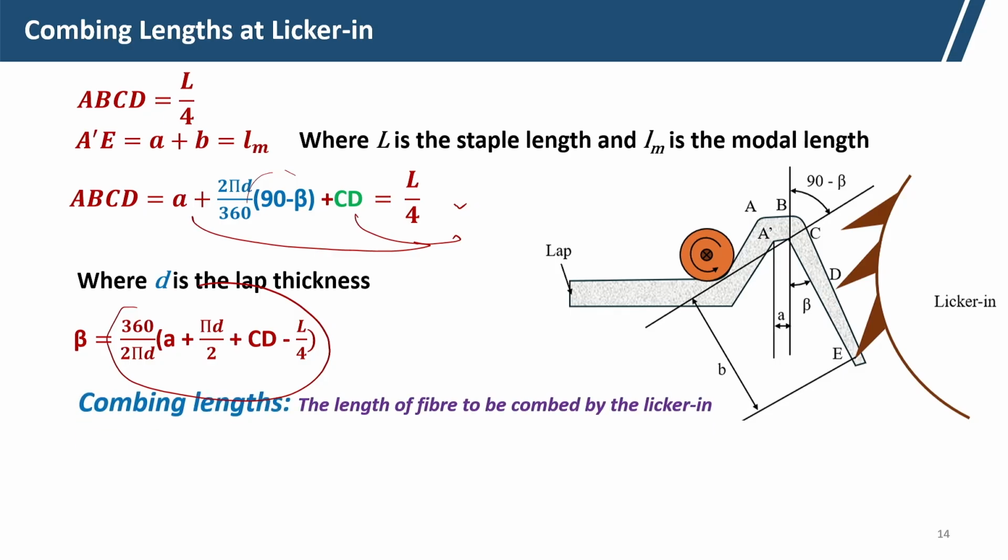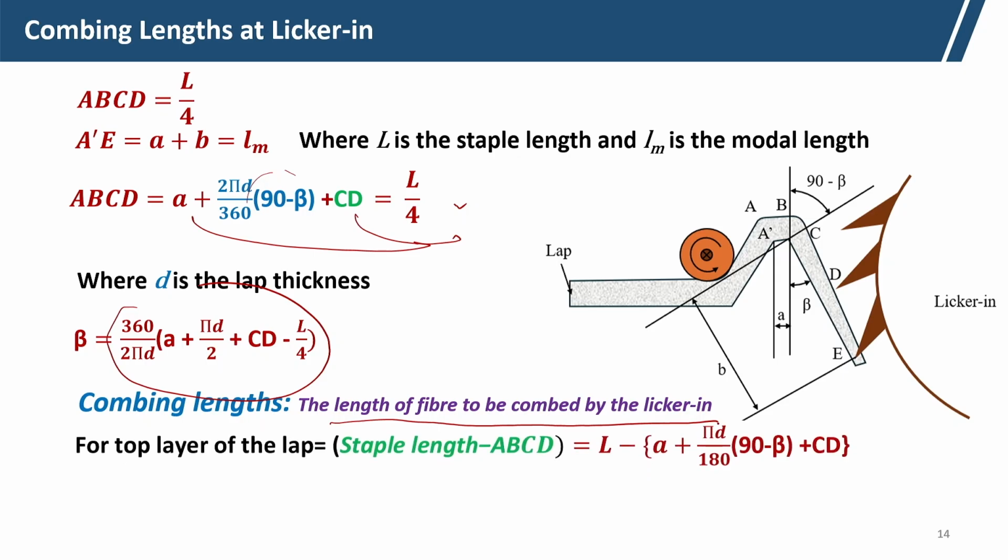So, combing length, the length of fiber to be combed by the liquoring. This is the combing length, and for the top layer of the lap, it is the staple length minus ABCD. So, the staple length is L, and minus L by 4, since ABCD is basically typically around L by 4.